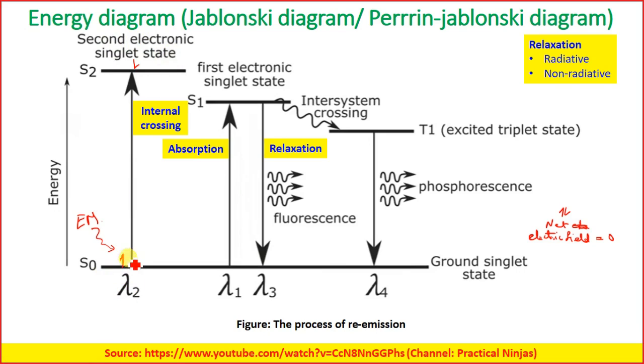That means the direction of the spin of these electrons will be anti-parallel. Similarly, at lambda 1 also, if you have an electron, the other electron will be going up, and over there also it will be in the anti-parallel direction with that of the electron which is in the ground singlet state.